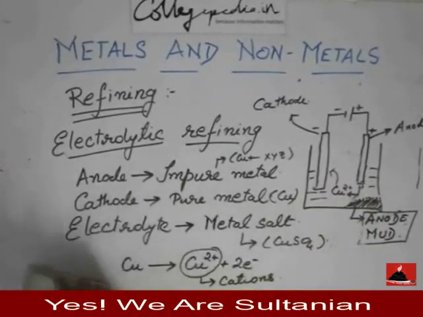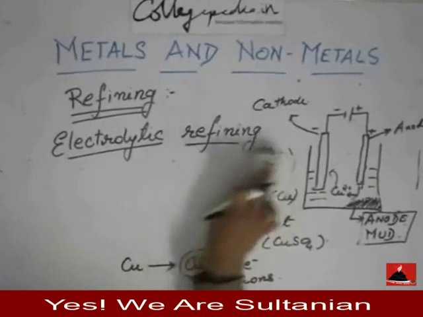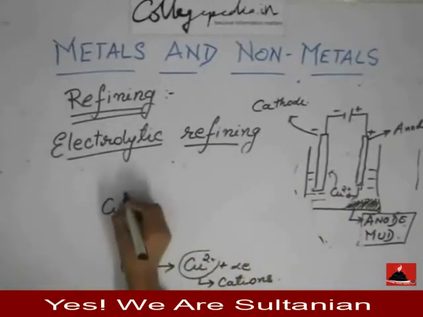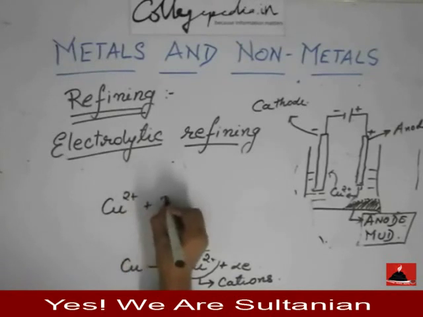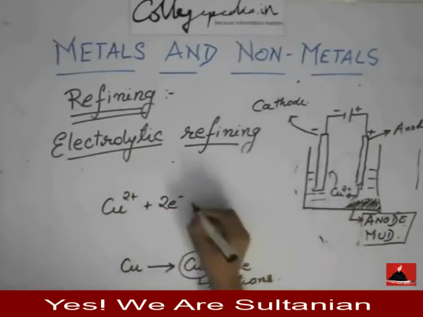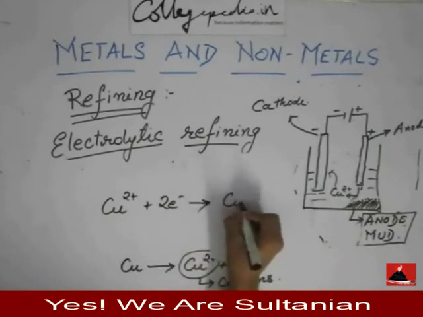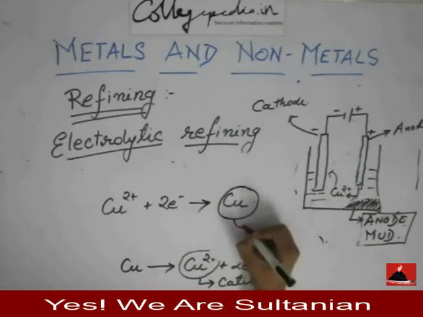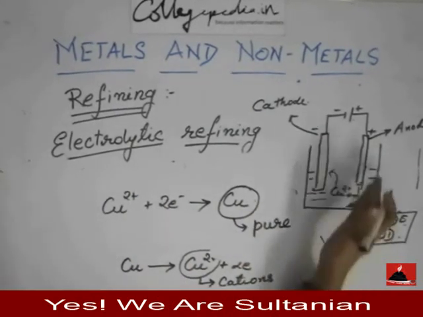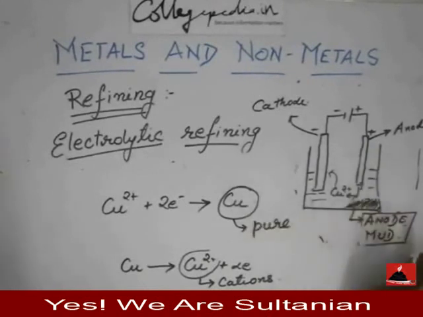The deposition reaction is obviously Cu2+ plus 2 electrons, which are obtained from the cathode, gives you Cu, and this Cu is pure because the impurities are either dissolved in the solution or they have settled down as anode mud.